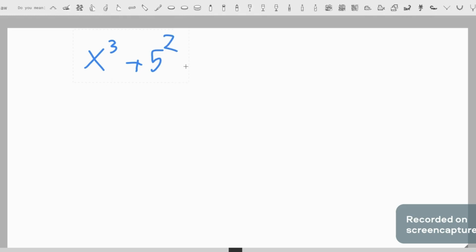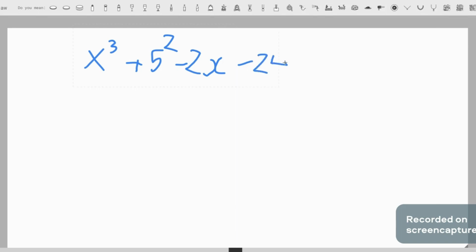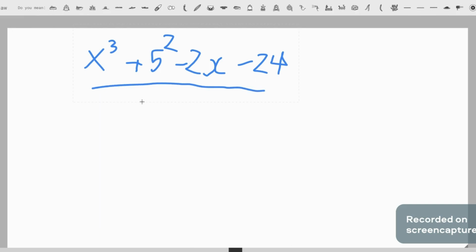Anyways, the equation is x cubed plus 5x squared minus 2x minus 24, and this is all gonna be over x plus 4. So there we go. That's what we're gonna be working with.